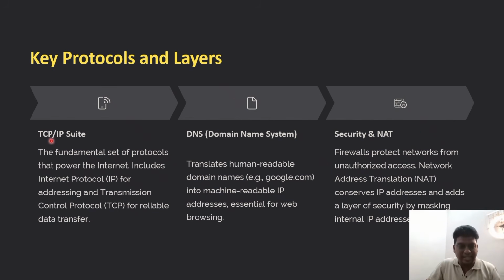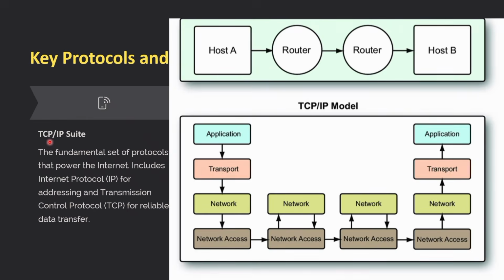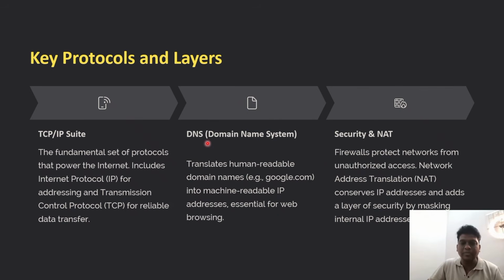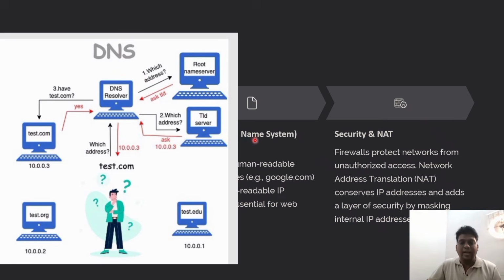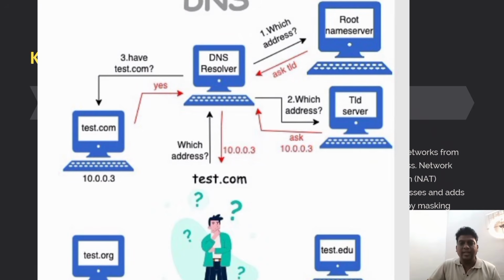Key protocols and layers. Number one is TCP/IP, Transmission Control Protocol and Internet Protocol, the fundamental set of protocols that power the internet. For addressing and transmission, we use this protocol for reliable data transfer. The second one is the domain name system. Whatever website we enter, in human readable form, is translated into a machine readable IP address for web browsing using DNS.